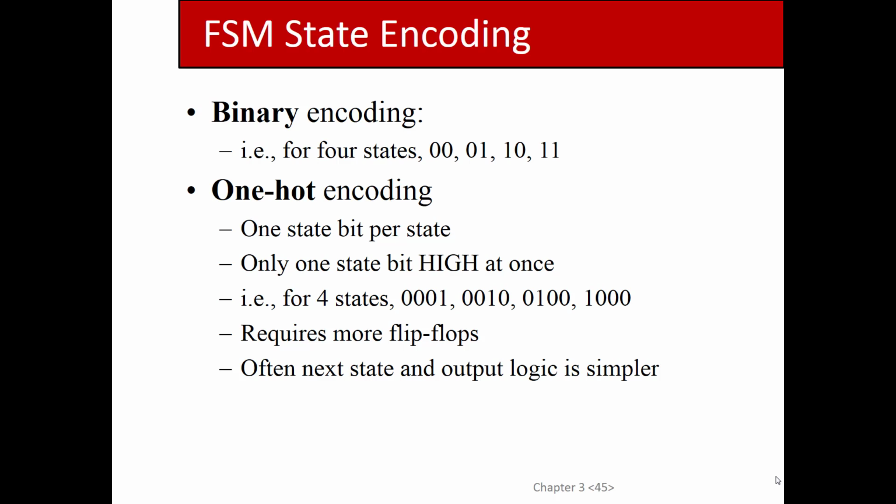What's the point of that? Well, again, presumably, it allows you to have a simplified next state logic. But again, I've never seen that. But yeah, often they say the next state and the output logic is simpler when you have the one-hot encoding for the states.